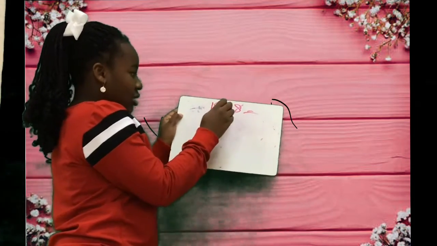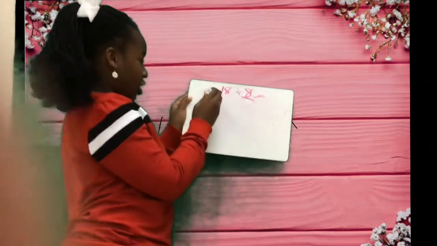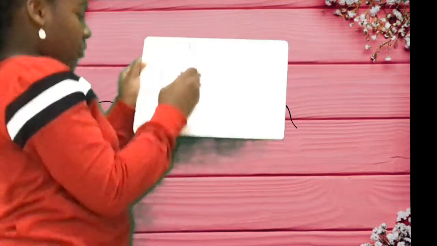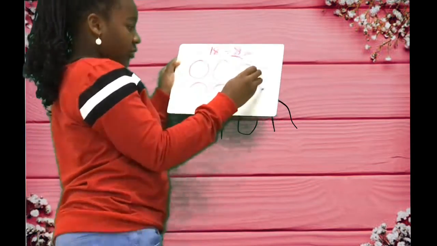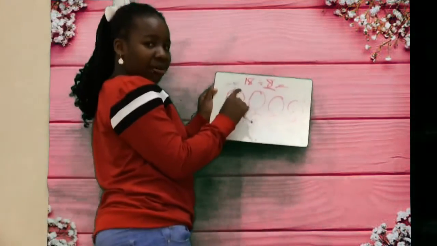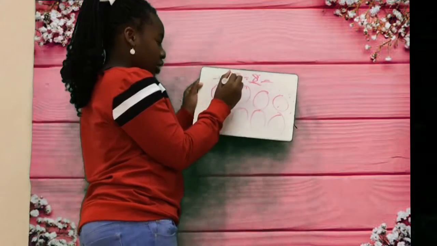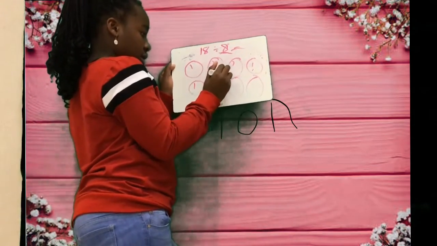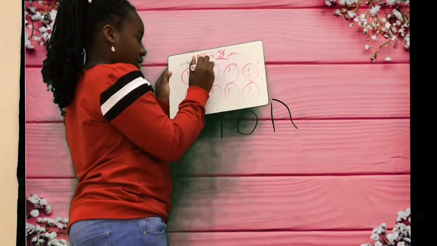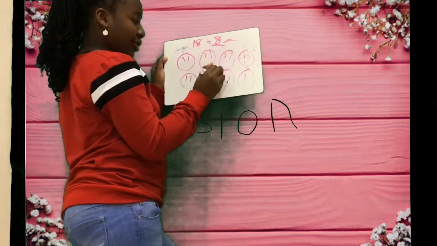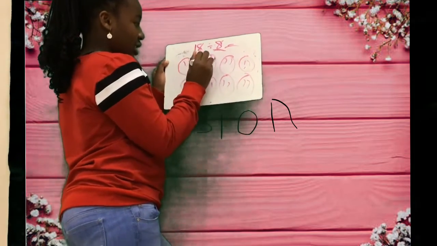This number is how many groups we're going to be drawing. 1, 2, 3, 4, 5, 6, 7, 8. And you're going to be drawing strikes to see how much is in each one. So do 1, 2, 3, 4, 5, 6, 7, 8, 9, 10, 11, 12, 13, 14, 15, 16, 17, 18.